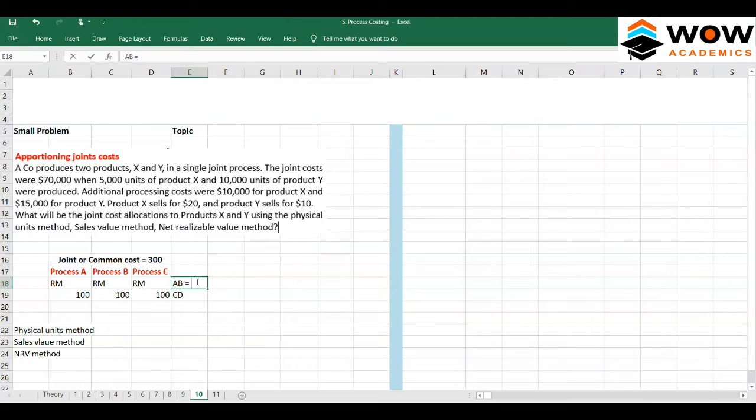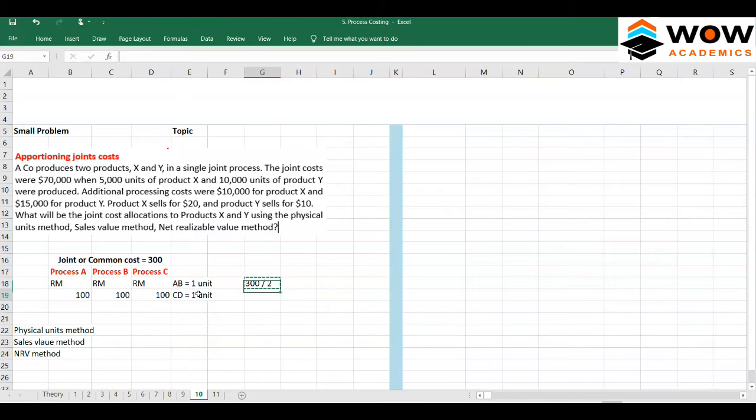AB is 1 unit, 1 unit of AB comes out and 1 unit of CD also comes out. So totally out of all these expenses we get two products. So this 300 we could divide over two physical units.